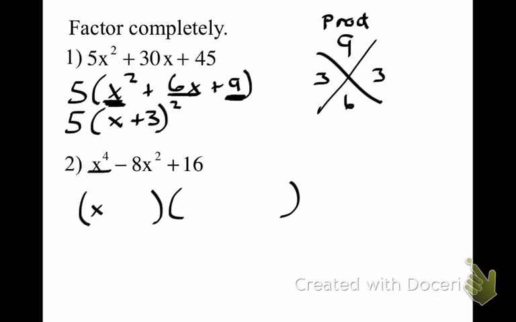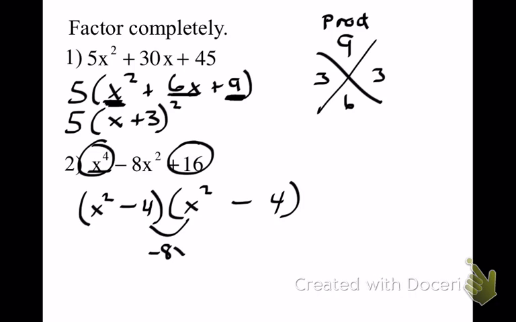So next one, a little bit different. There's no GCF, but what we have is x squared. And I know that one's going to have to be minus and minus. This is a perfect square. This is a perfect square. So let's say 4 and 4. To get that negative, I'm going to have minus minus. So now, let's see.